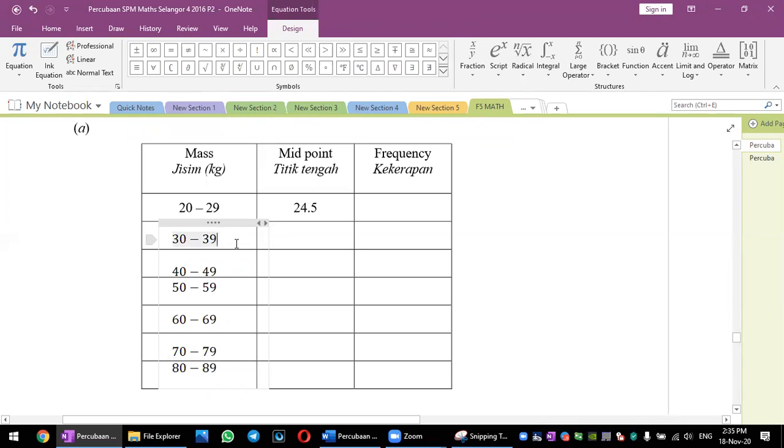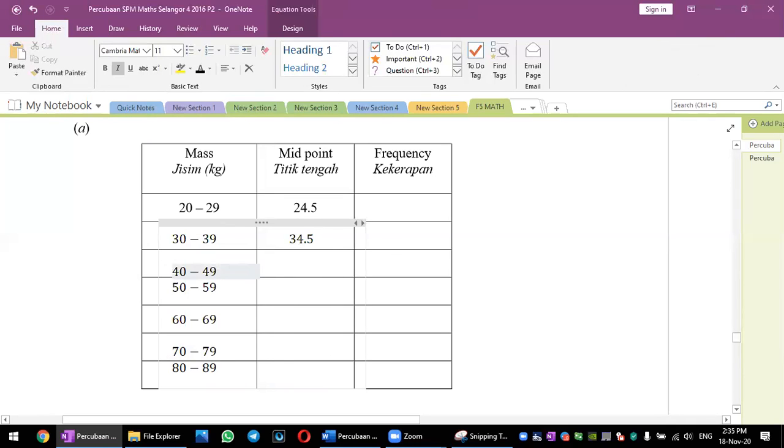Then midpoint pun: 24.5, 34.5, 44.5, 54.5, 64.5, 74.5, 84.5.